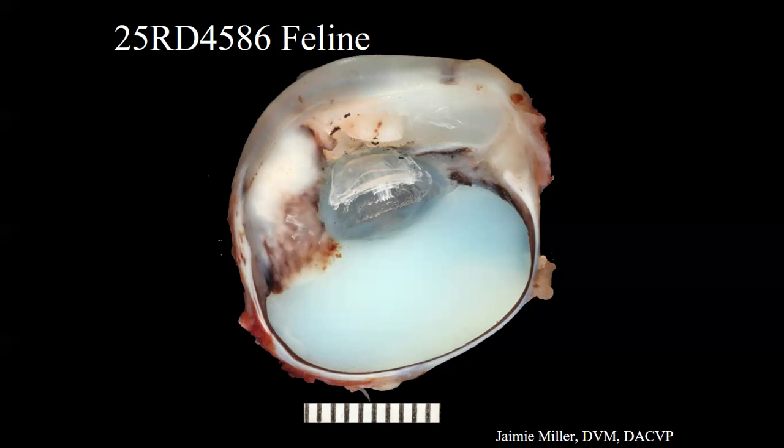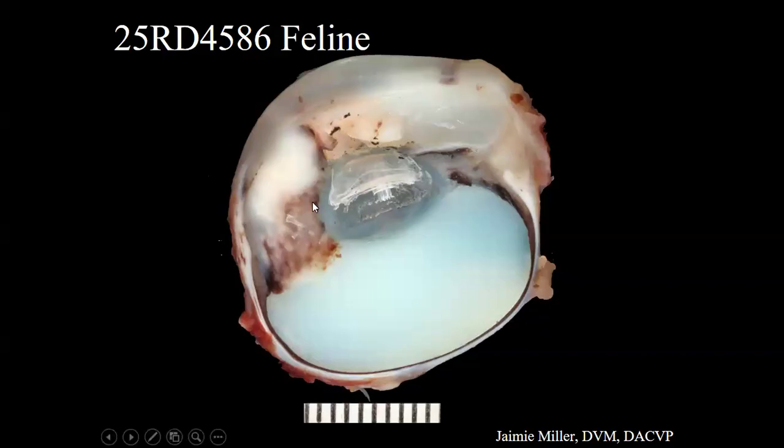But grossly, this is our hemisection view of the globe. It's a little bit tilted and distorted because it's phthisical. Our cornea is here, very opaque and cloudy. We can see the bulge here at the limbus, like they described. We saw one that was dorsolateral and a more subtle one that was ventromedial, grossly.